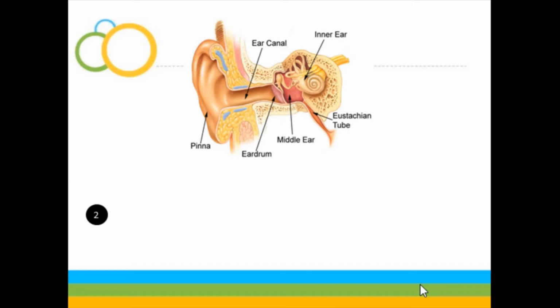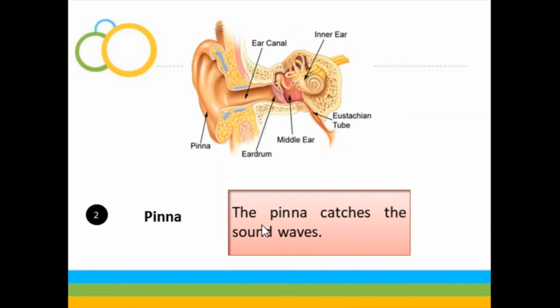Now, let's move to the second one. Let's have pinna. What is the function of our pinna? As you can see in the picture, the pinna is right over here. It is the outermost part that we can see on our ear, and it is the one that catches the sound waves from the outside environment.